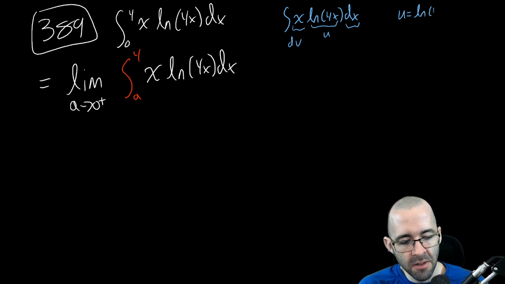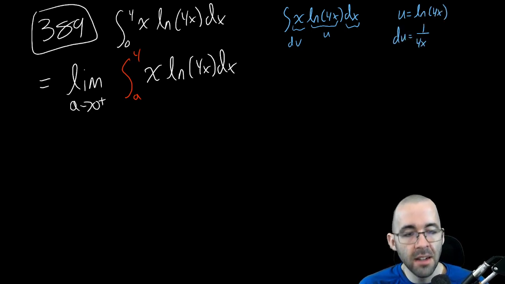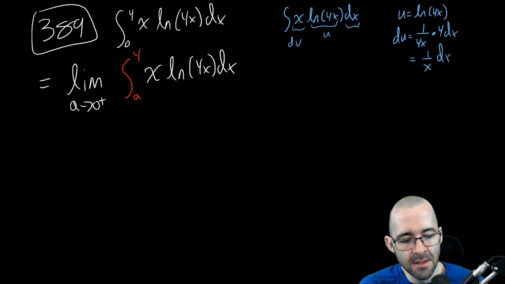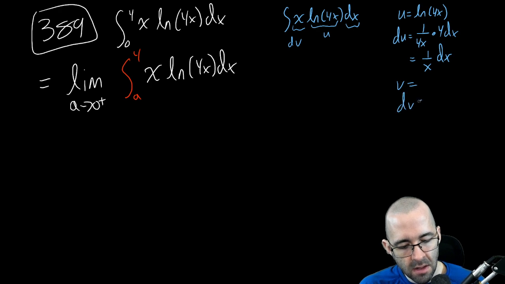The u is natural log of 4x. du is 1 over 4x times the derivative of the inside, dx. Oh, du is just 1 over x dx. dv is x dx. So v is 1/2 x squared.